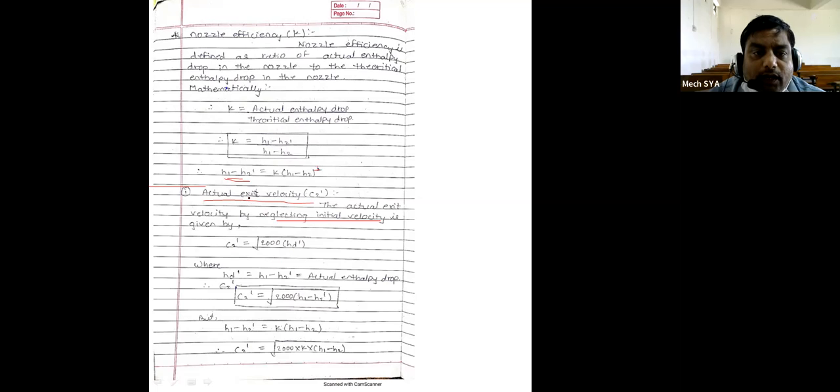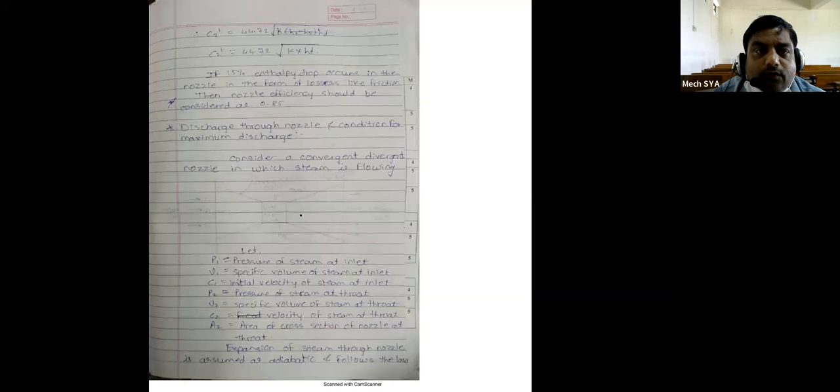But hd dash is h1 minus h2 dash, which is equal to K into h1 minus h2. Therefore c2 dash is equal to the square root of 2000 into K into h1 minus h2, or 44.72 into the square root of K into hd.